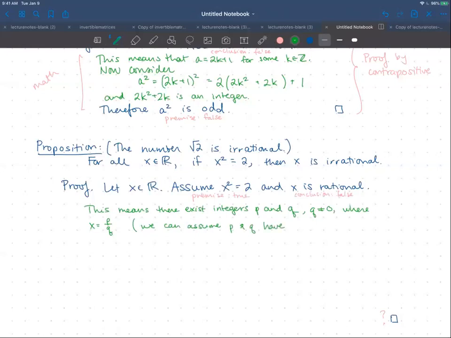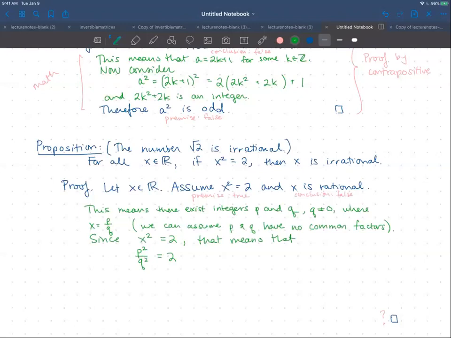That we canceled away anything until we got down to the fraction with no common factors between the numerator and denominator. All right, well, let's see what happens. If we have this, then we have x squared is 2. That means that p squared over q squared equals 2.